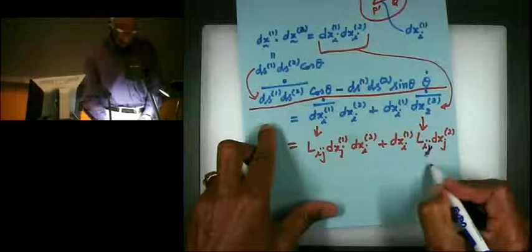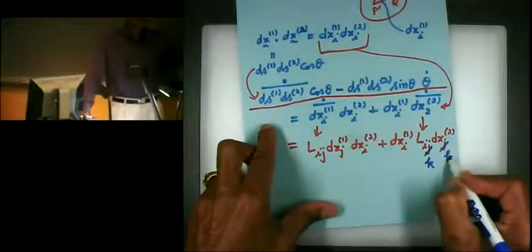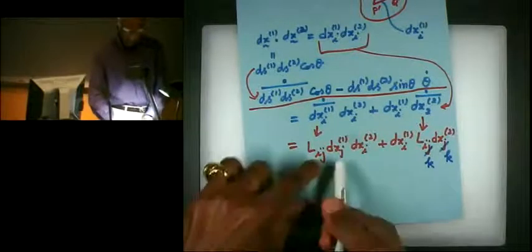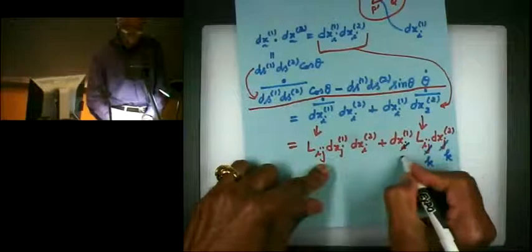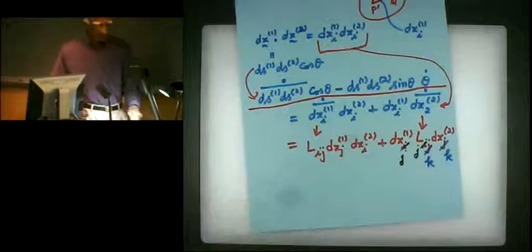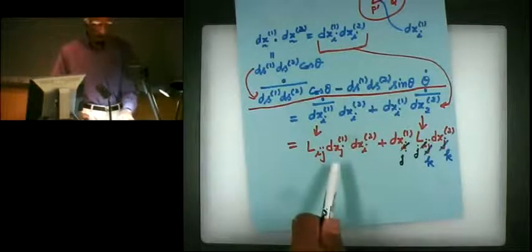One possibility is change this j to k. It's a dummy index, right? So we can change it to anything we like. And the reason we are doing this is because we have j here, so I'm going to change this i to j. See, here I have dxj1, so I now made it dxj1.